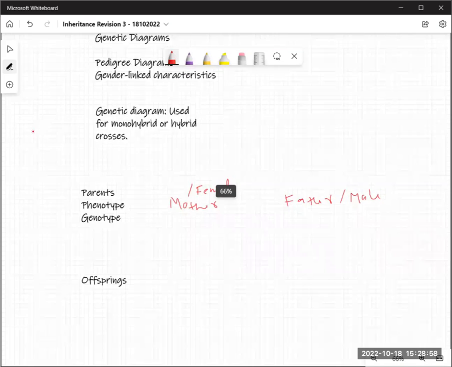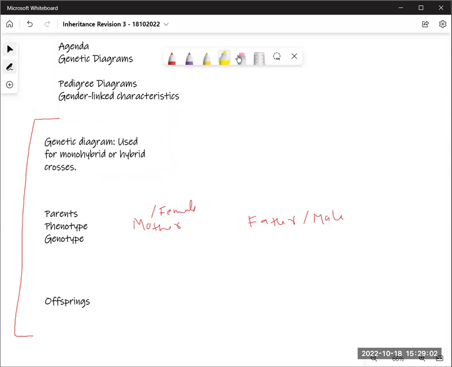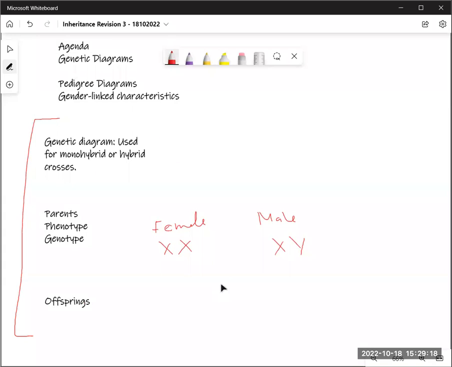Now write all of this down. So let's say one of them is female, the other one is male. The genotype for a female is always XX. The genotype for a male is always XY.